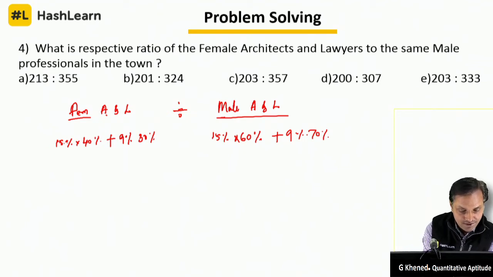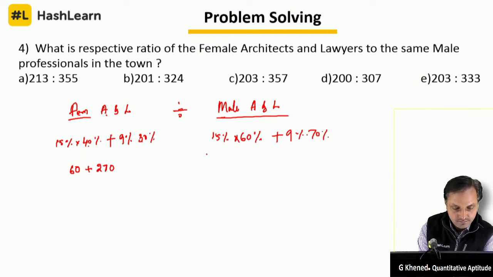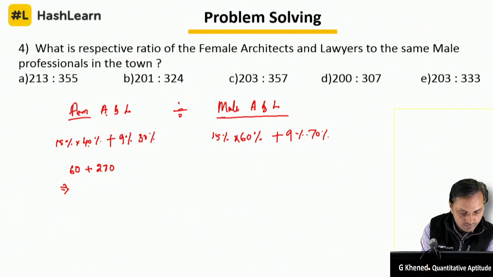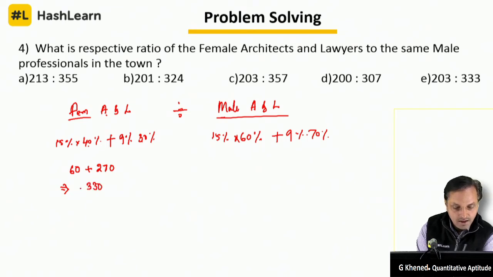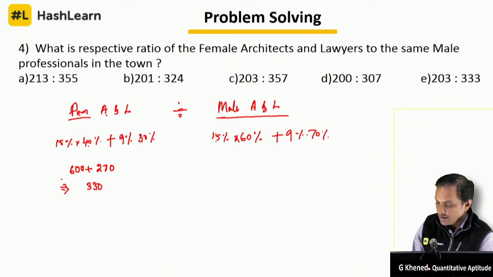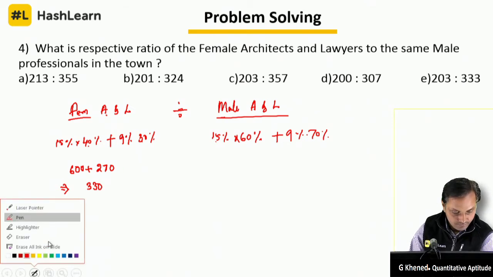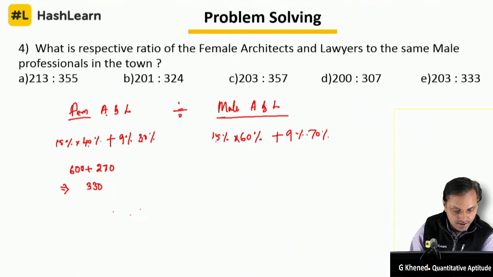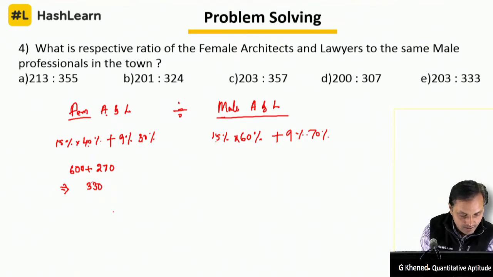So 15 fours are 60, plus 9 threes are 27, that will give you 330, and 15 into 6, sorry, that is 600. So 600 plus 270 will give you 870.